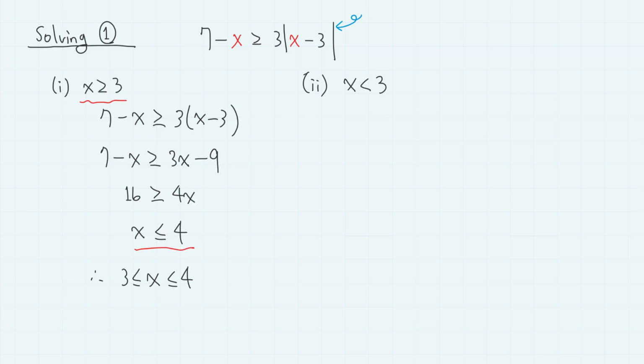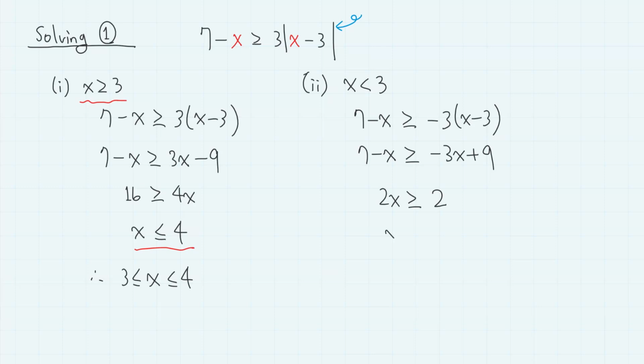Next, when x is less than 3, then we have 7 minus x is greater than or equal to minus 3 times x minus 3. So 7 minus x is greater than or equal to minus 3x plus 9. So 2x is greater than or equal to 2, which gives x is greater than or equal to 1.